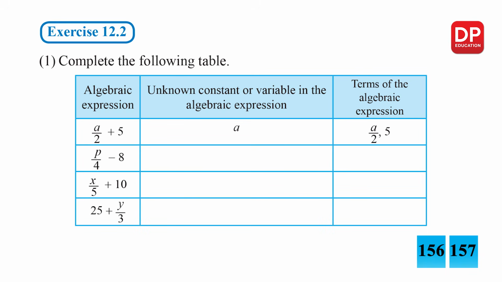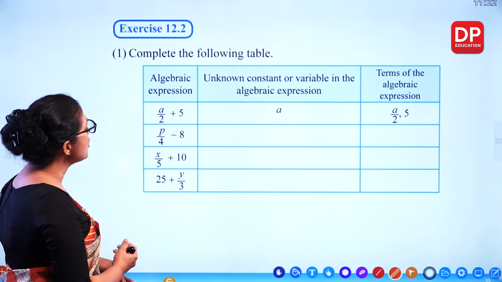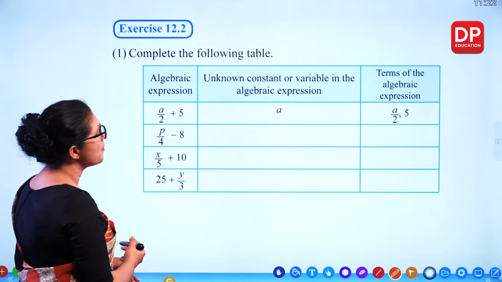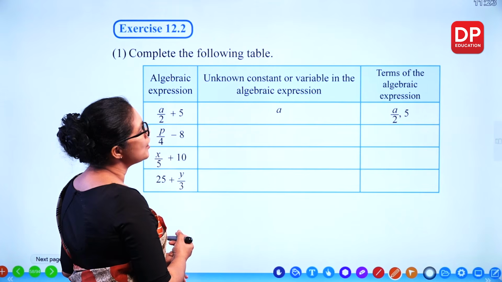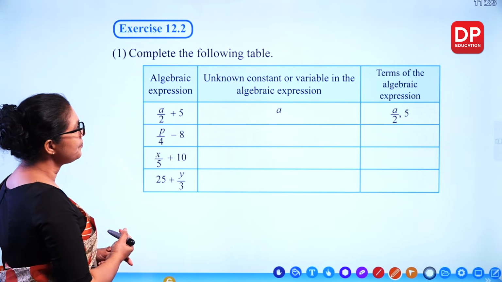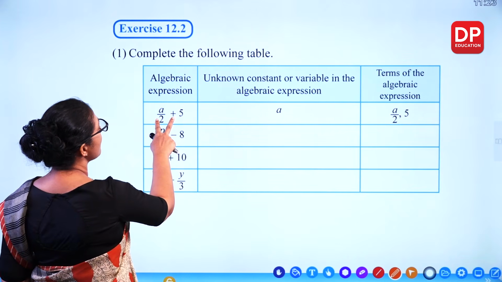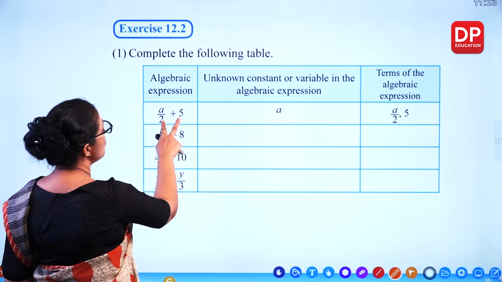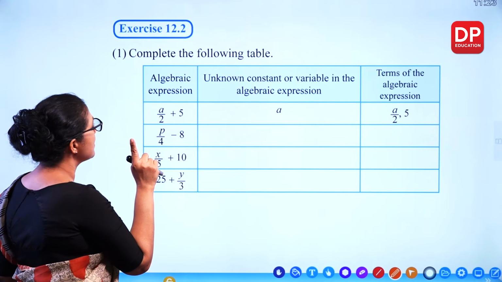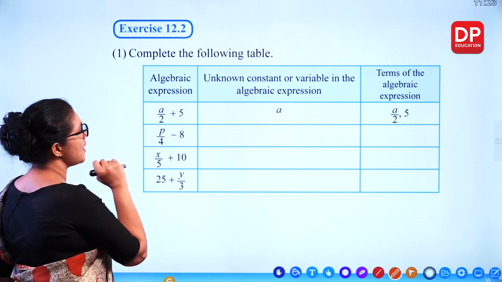Exercise 12.2. Complete the following table. Algebraic expression is given. Then the unknown constant or variable in the algebraic expression, and the terms of the algebraic expression. So what are the terms? A over 2 and 5. 2 terms are there. Out of that, the unknown in the algebraic expression is a.